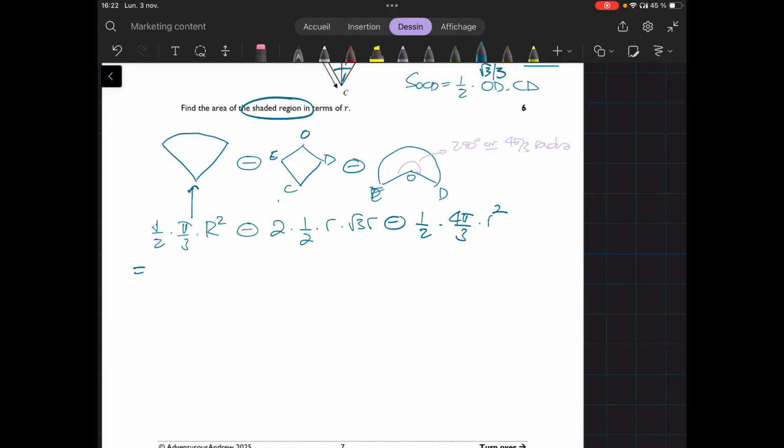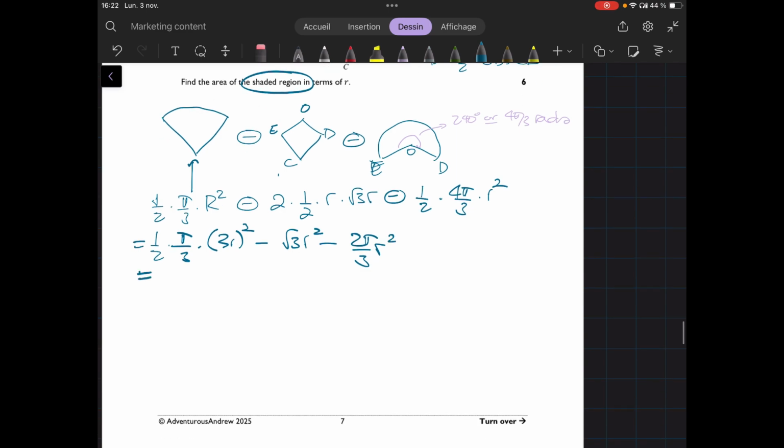Put it all together. And then we can factor out the r squared.